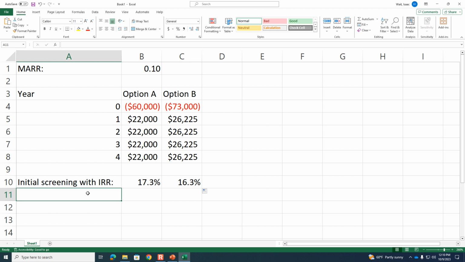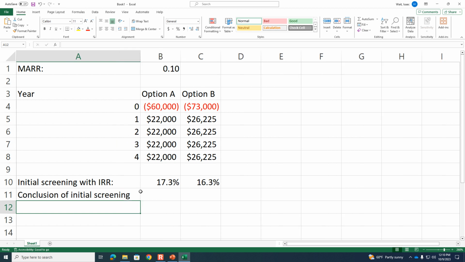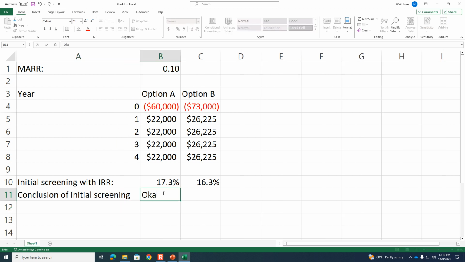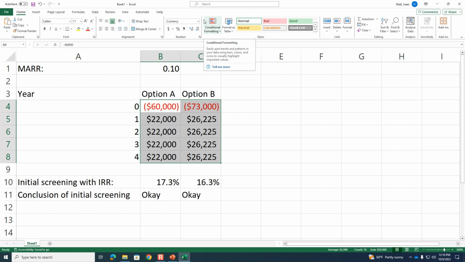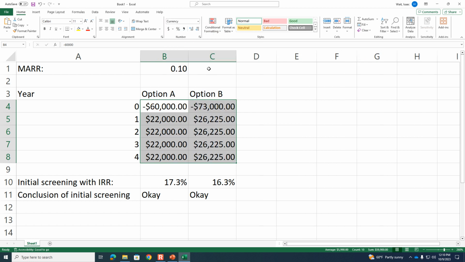So the conclusion of the initial screening is that both are acceptable. Neither one of these options should just be rejected outright. Both of them seem okay. We're not going to lose money on undertaking these projects if the MAR is 10%, and both of them make more than 10%. But the question is, which one should we do?